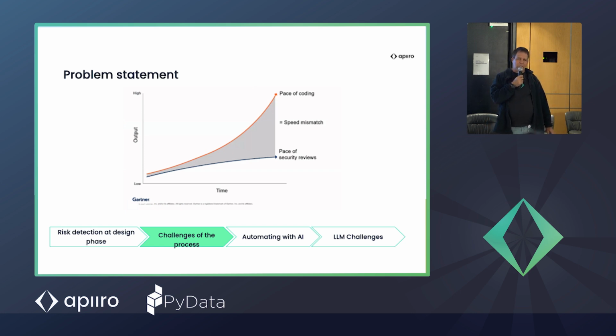Because the threat modeling process is quite long, it takes a lot of time. You need security experts, and they also need to know about the application you are developing. So it's a very, very hard task, and this is what we try to solve at Apiro.